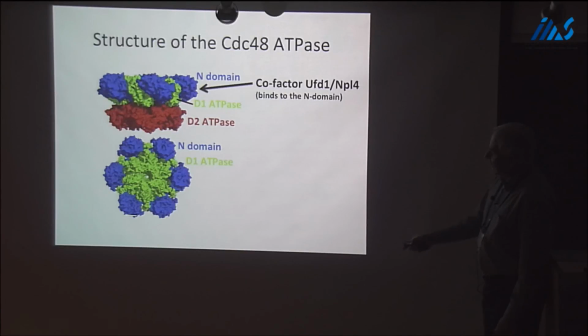And then if you look down, you can see there's a hole in the middle and the N domain sitting on the side. And the cofactor binds to the N domain. And what Nick Bodnar in my lab has now shown is that the substrate is actually binding through the ubiquitin chain and is moved through the central pore.